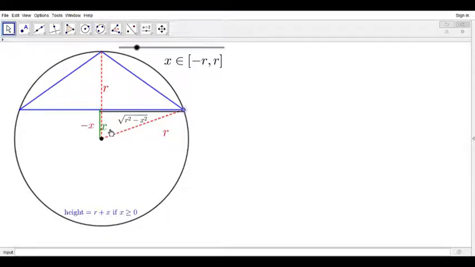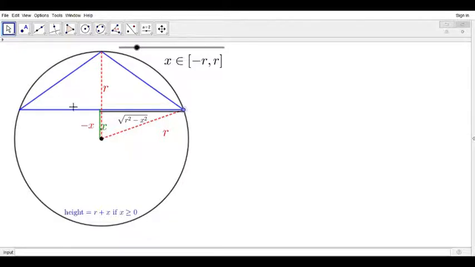Then x cannot be a dimension. Well, in that case, this green segment would have dimension negative x. Remember, if x is negative, then negative x is going to be positive. So this is the length of this green segment.